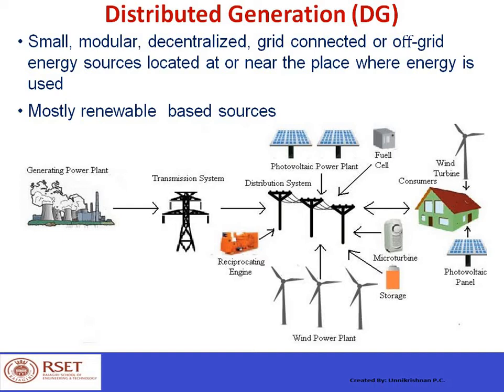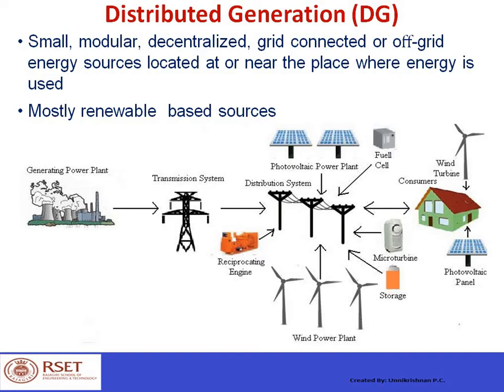Distributed generation means small, modular, decentralized, grid connected or off-grid energy sources located at or near the place where energy is used, and mostly they are renewable based sources. Or in short, distributed generators are distributed along the load, or they will be very near to the load, or they will be installed near the customers.